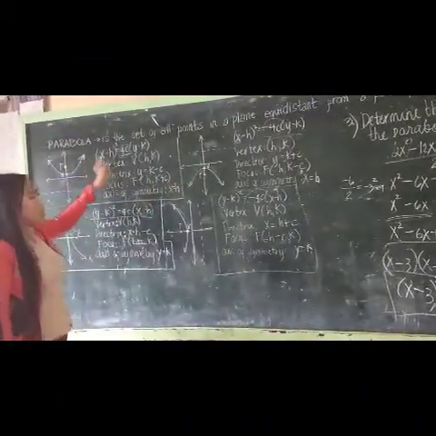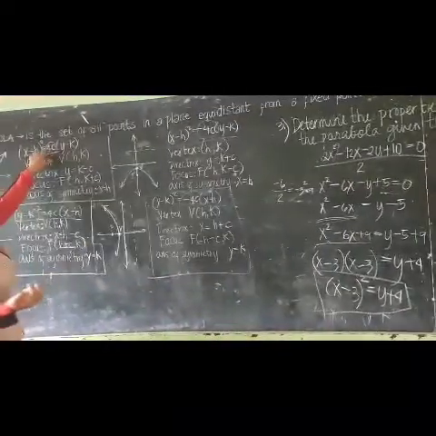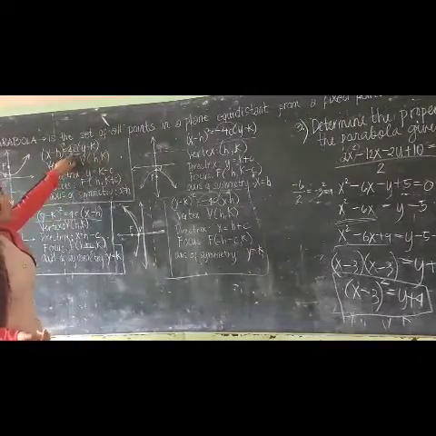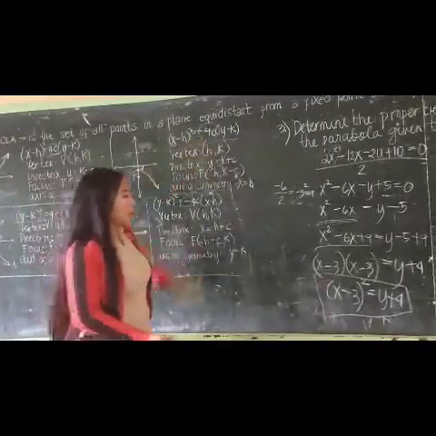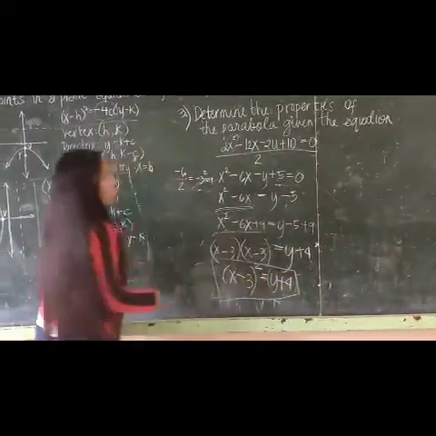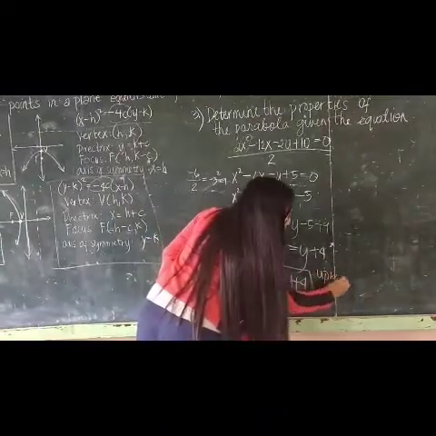Since here this is positive, the difference between the equation of upward and downward, the c here is positive, then here is negative. So since the given standard equation here is positive, therefore your parabola opens upward.